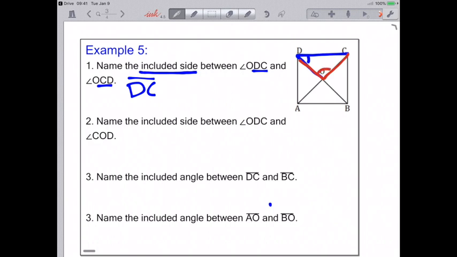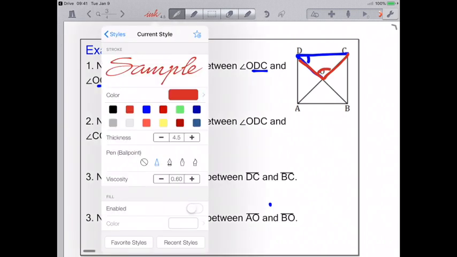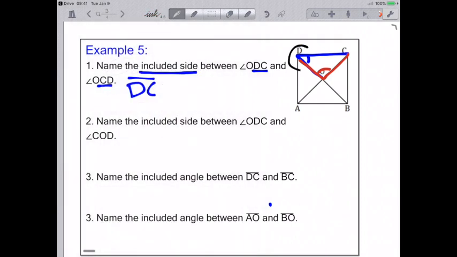It's that angle here. So we're in between this red angle and this blue angle here. And so the side between those is DO. Okay, so again, we're finding the angles. We have to remember that the middle letter is the vertex. And then we are determining which side is between those two angles.